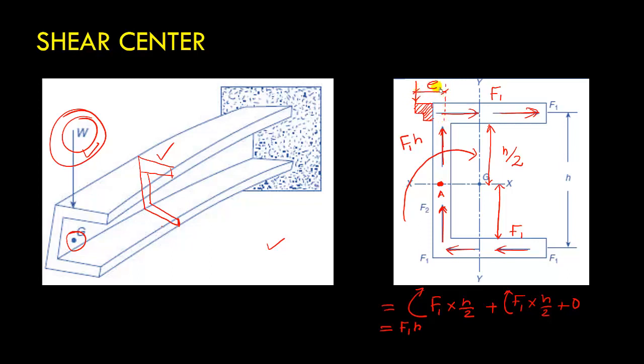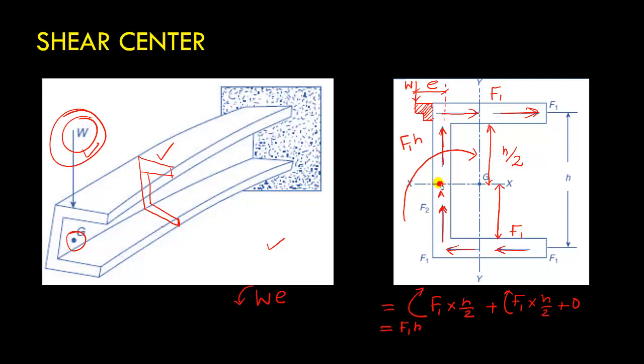Now in this case, this load W will try to apply a moment that is anti-clockwise. If I take moment of this load W about this point A, we can write W times E, and this is the anti-clockwise moment.